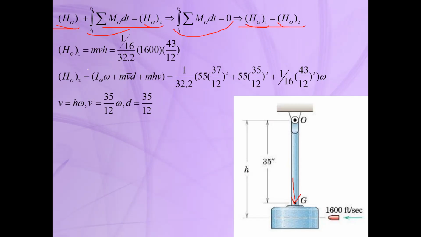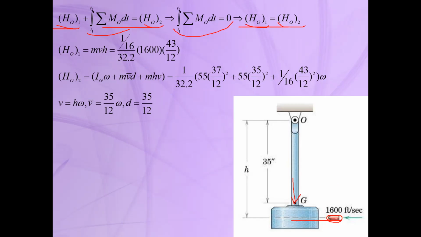The pendulum is initially at rest, so there is no angular momentum for it because omega is 0. But the bullet with mass 1 divided by 16 has a momentum about point O, and we assume that this bullet is a particle.